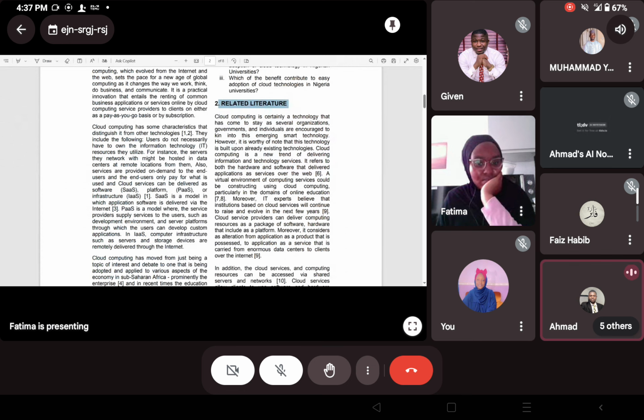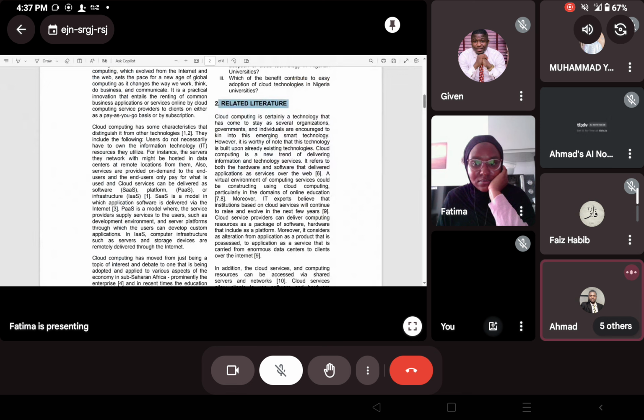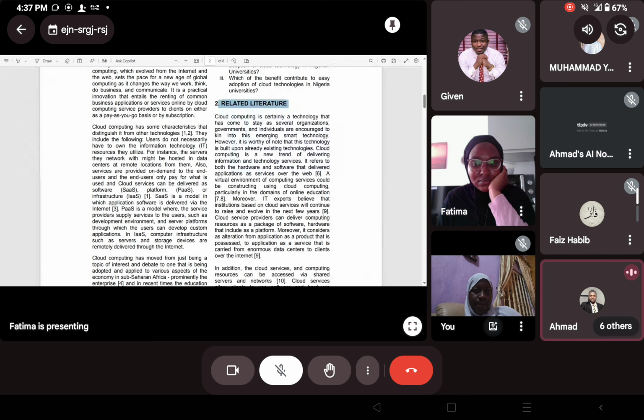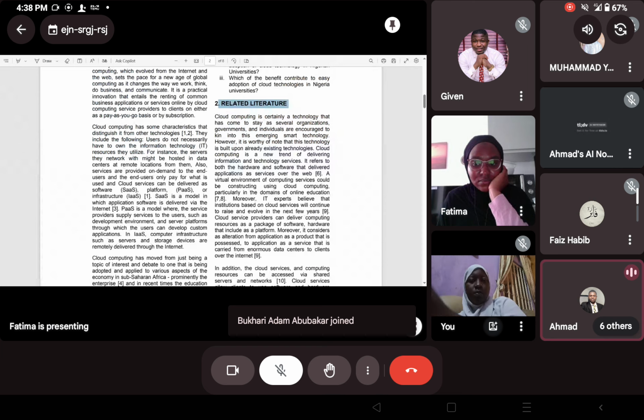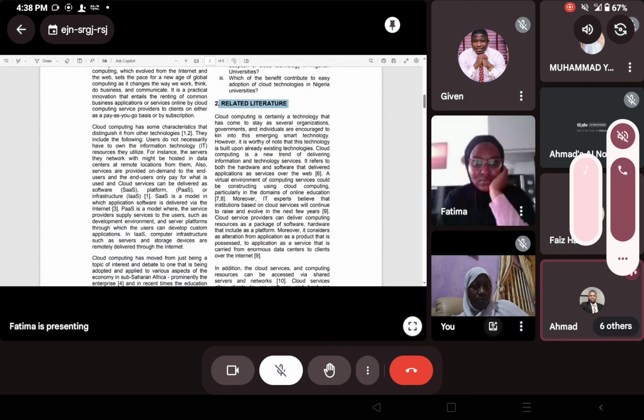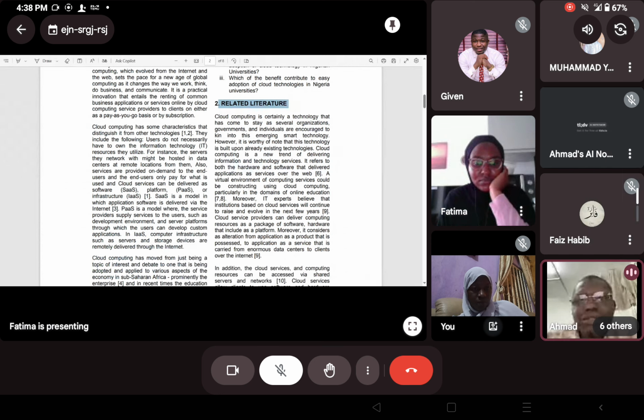I think Dr. Fatima mentioned most of it, but one thing I want to stress is that the most important thing is that the gap is very, very important. The proposal is to make sure that we address that gap.